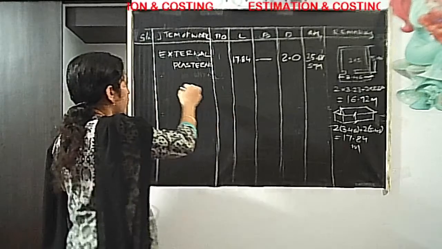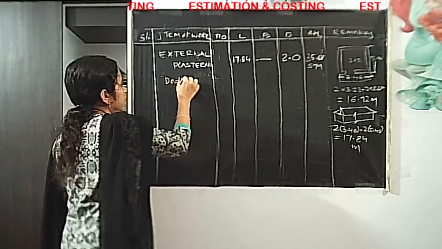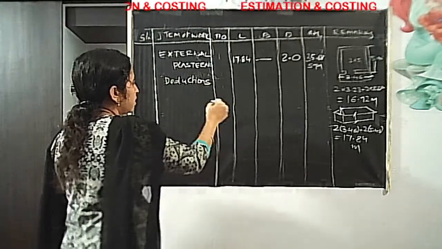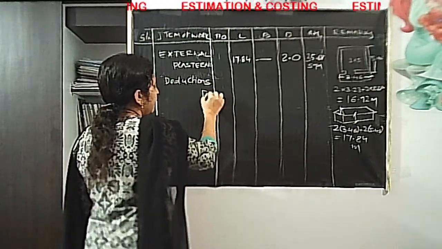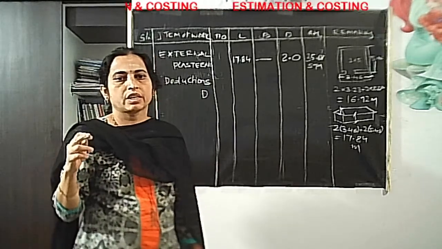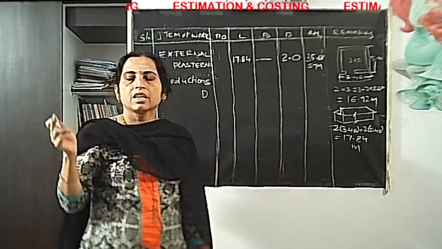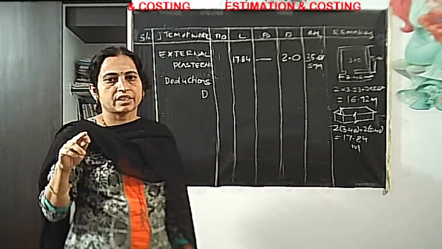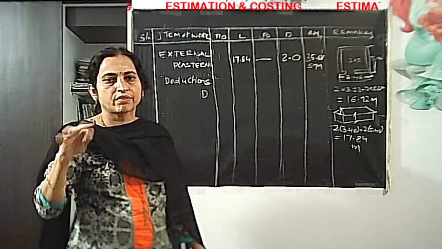Next, you have to go for deductions here again. Since it is the exterior wall, we are taking half of the deductions for the plastering quantity. We just deduct half of the openings.